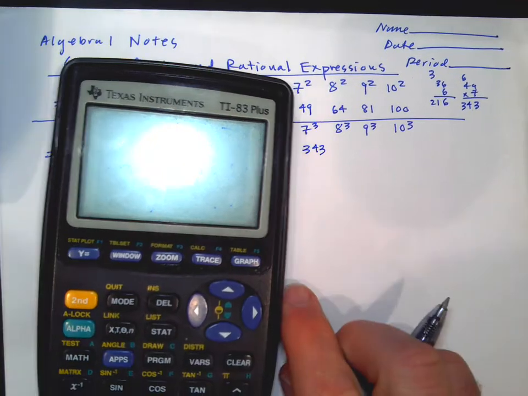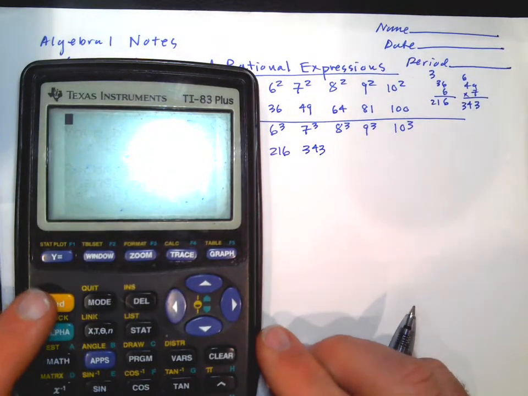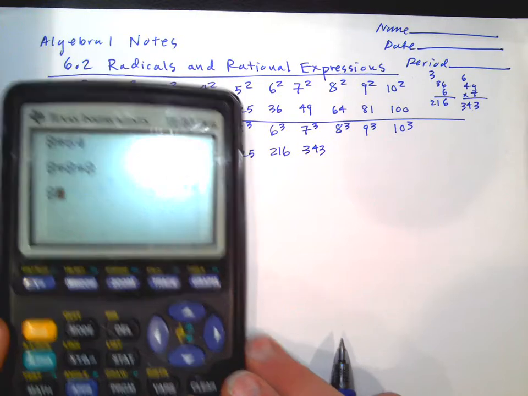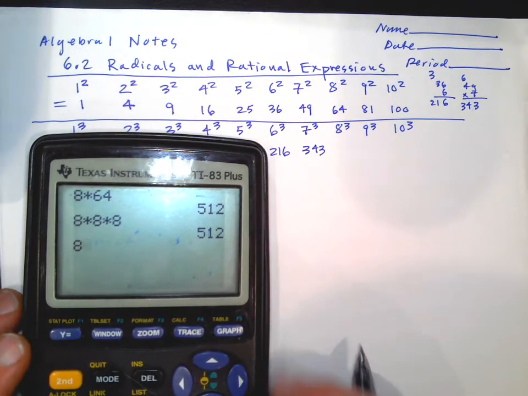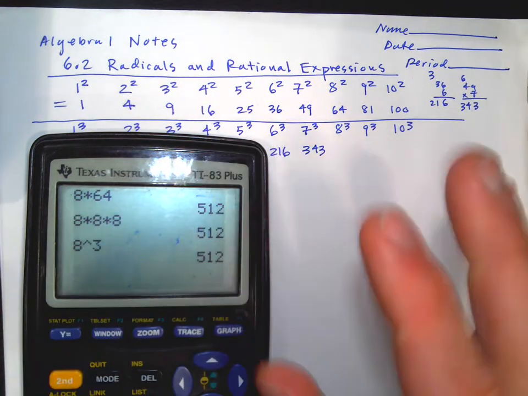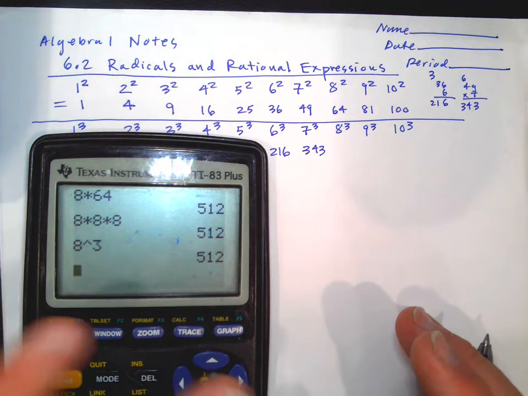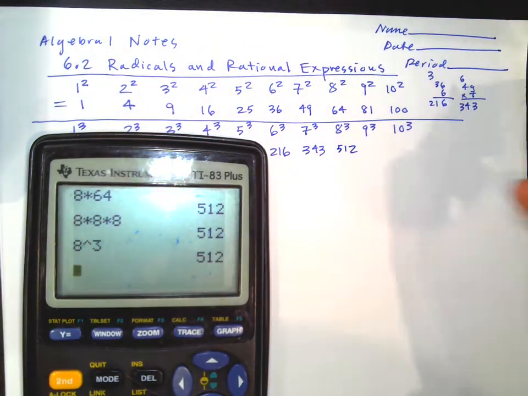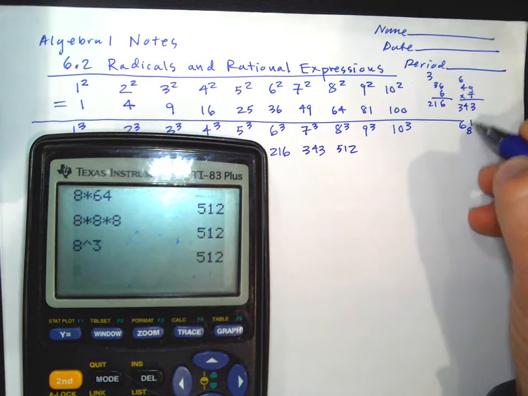I mean, we could do 8 times 64, or we could do 8 times 8 times 8, or you could do 8 and the symbol we were talking about before is the caret symbol. So that's how you do power on your calculator. Now my calculator is a little different, but you could do this on your calculator too. So it's 512.